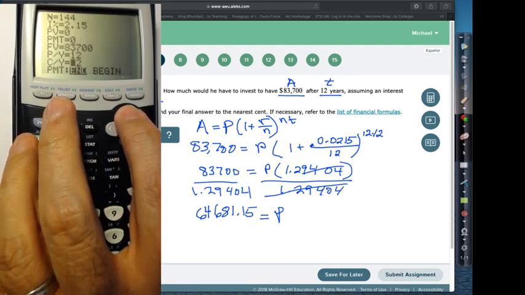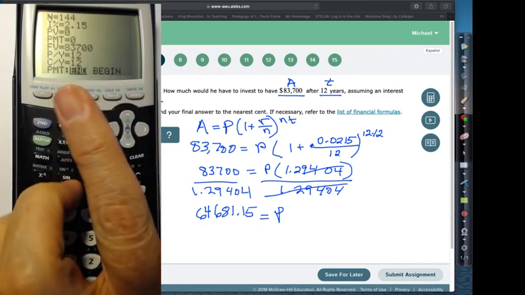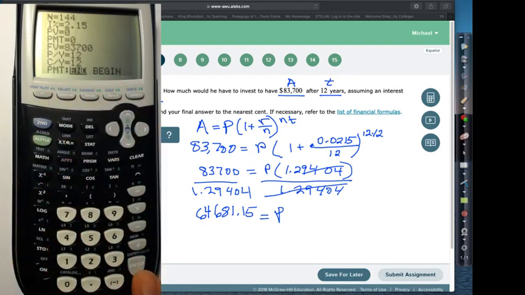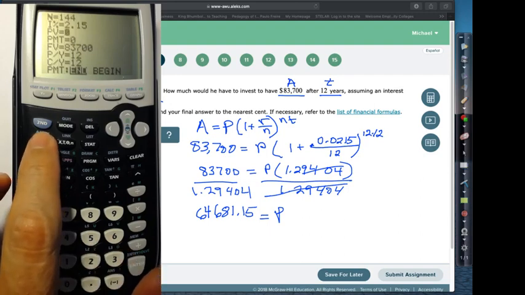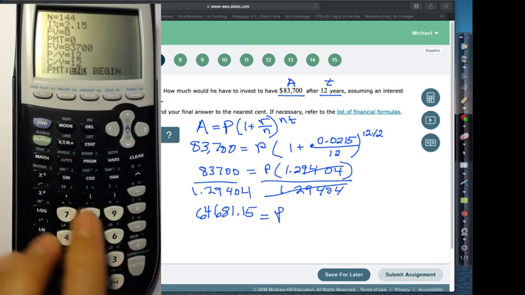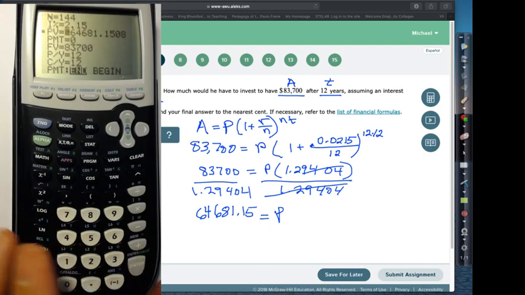We arrow back up to the present value, the PV, because that's what we want to solve for, and above this little enter key it says solve in green, so we use the green button, which is alpha enter, and it solved it for us. And again, remember we ignore the negative on that. It's just direction of money.